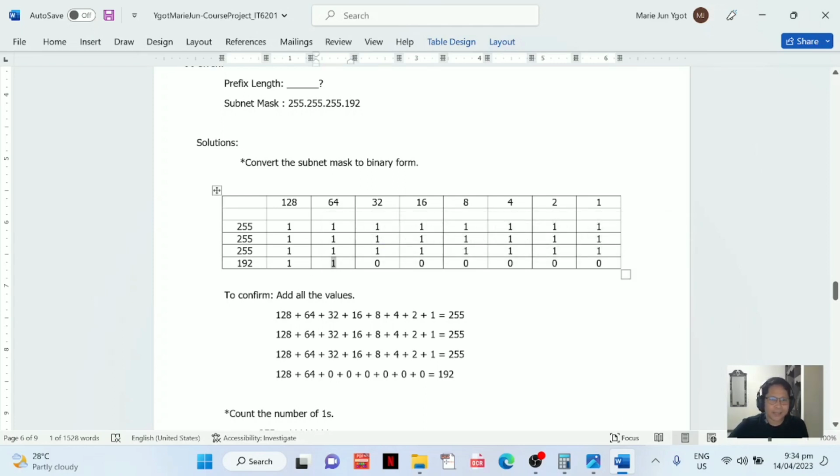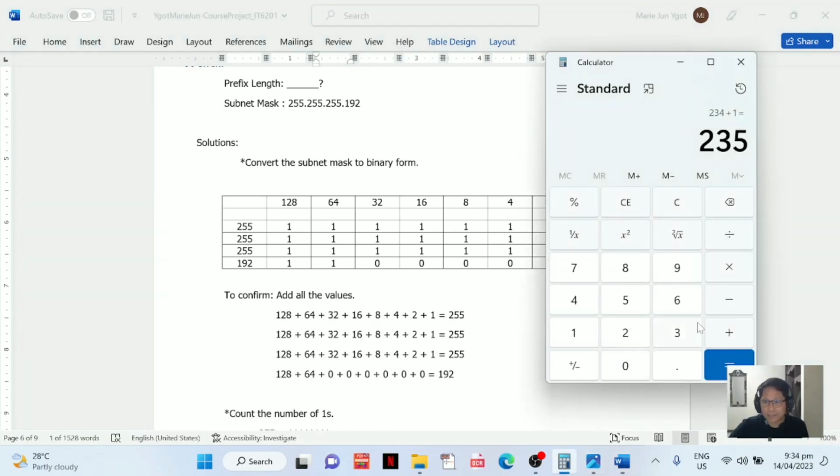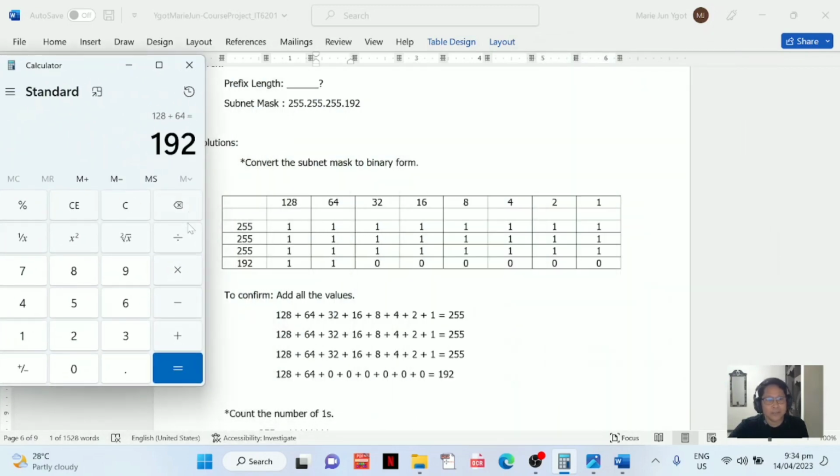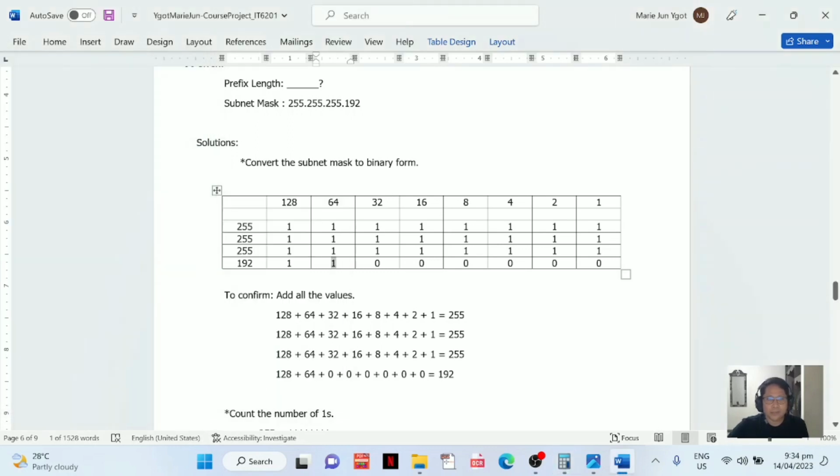So can we still add 32, 16, 8, 4, 2, and 1? No, we cannot add because 128 plus 64 is already 192. So we already have reached 192. So the rest would be 6 zeros.